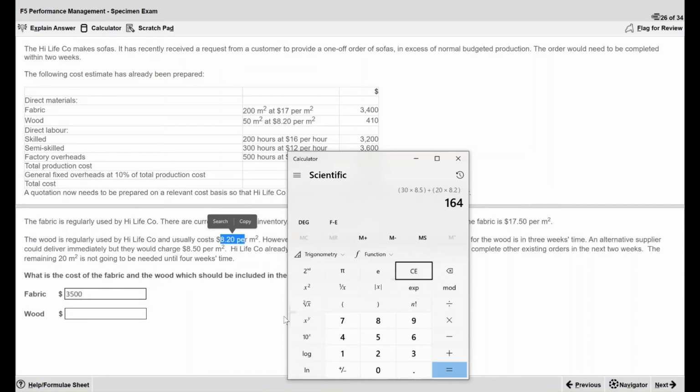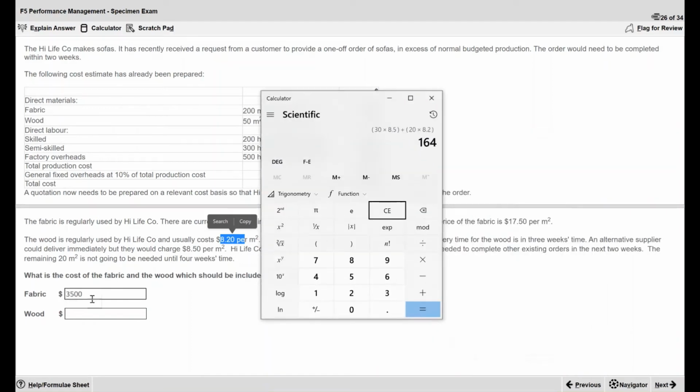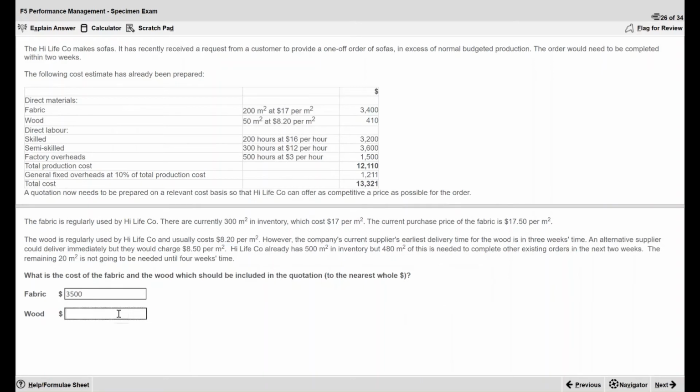So we have 164, cost of wood. Sorry, 419. I didn't click on equal.